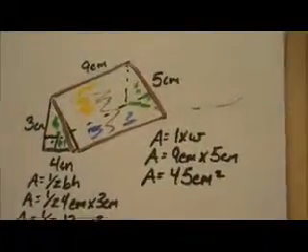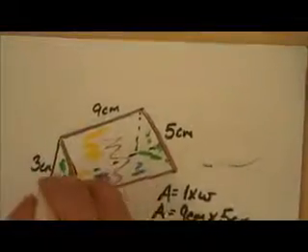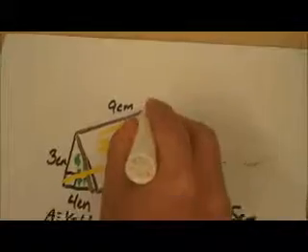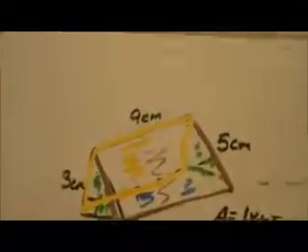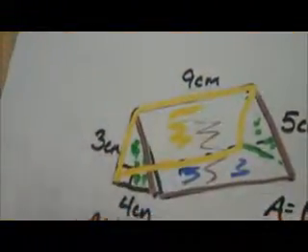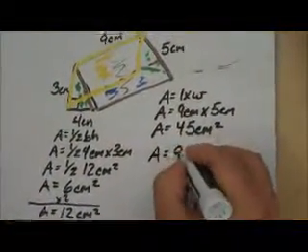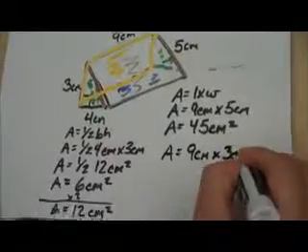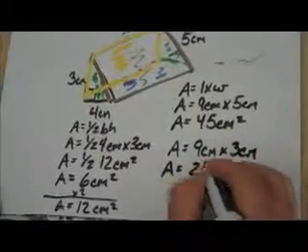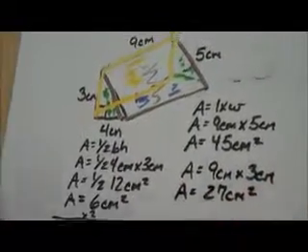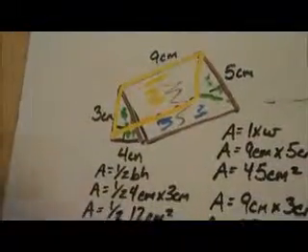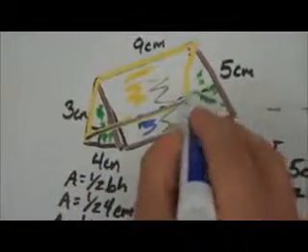Now the other tough one would be the back side, which would be in yellow. So you would actually be seeing this, but if you take a look, you see how it pops out the 9 and 3. So the area would be 9 centimeters times 3 centimeters, which would leave us with 27 centimeters squared for yellow. And then the bottom blue, probably the hardest one to see.